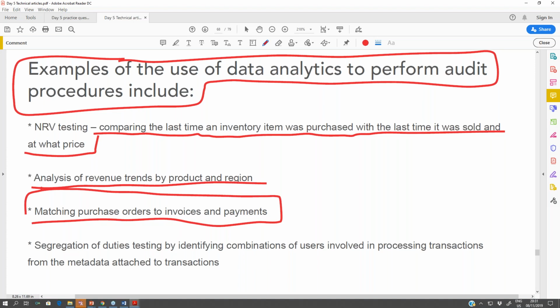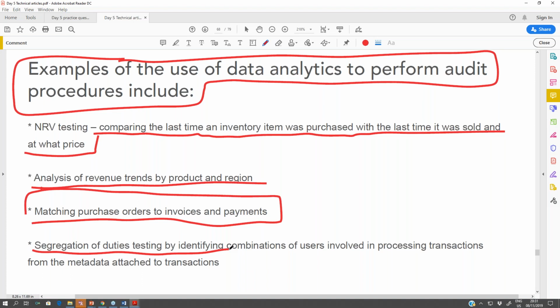Segregation of duties testing by identifying combinations of users involved in processing transactions. We know that in a computer system, there is a log. Every time a person logs in to the system, the log is maintained, and your data analytics can go and check the log of the system to see how many people are involved in a single process, how many people log into a single process.